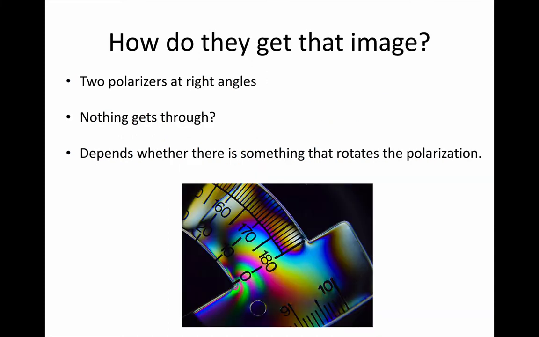The way they get the image of the stress patterns is to have two crossed polarizers with the sample in between them. The first polarizer makes the linearly polarized light that is going to hit the plastic sample. So the sample is a transparent plastic that becomes birefringent under stress.